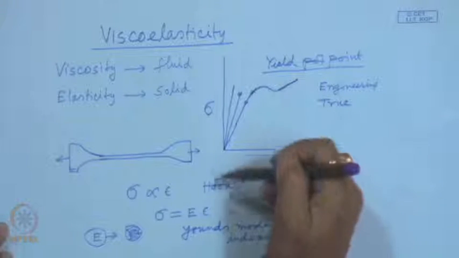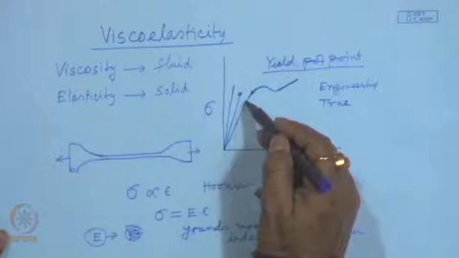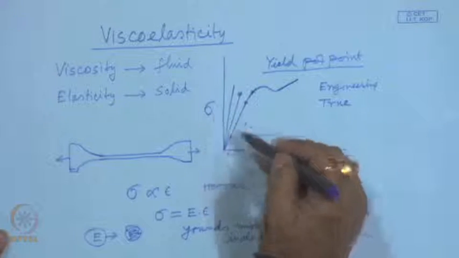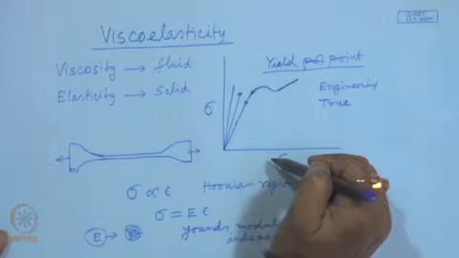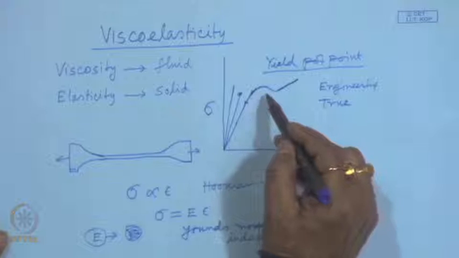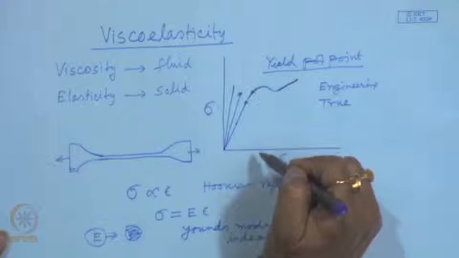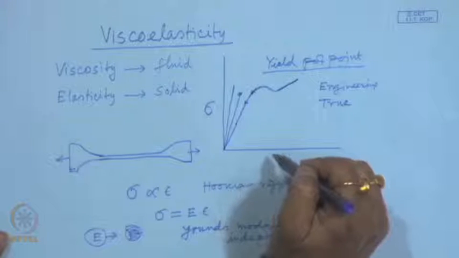Anyway, what I would like to point out is that this elastic region is instantaneous and stress is proportional to strain, and beyond the elastic region it shows plastic deformation or flow. Now, let us explain why this kind of phenomena occurs in materials like polymers.